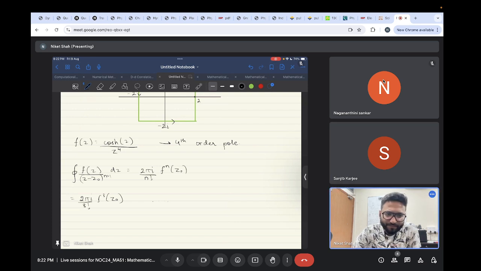Yeah, go ahead. So you differentiate this thrice, cosh, right? So that gives you sinh, cosh, sinh. And in sinh you put the value z equal to 0. Whatever you get is your answer.